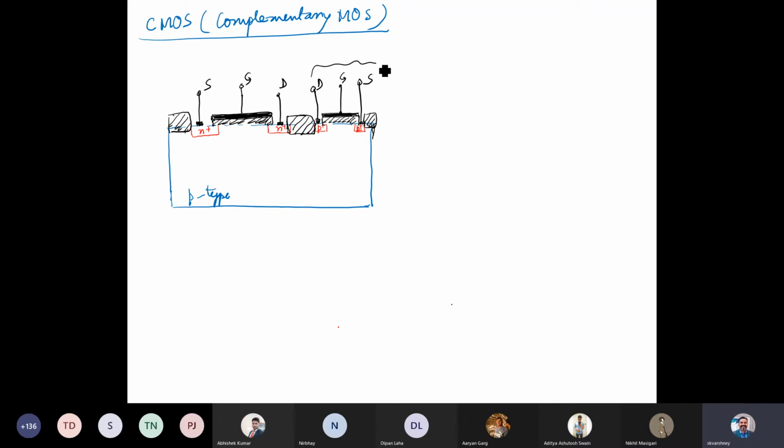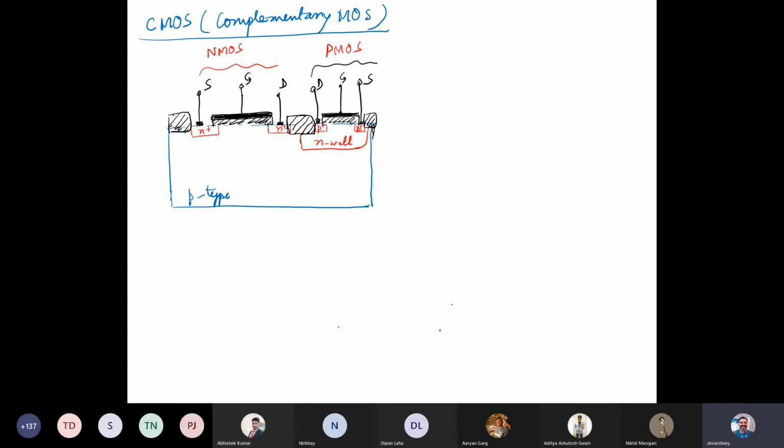Because to make a PMOS we have to have an N type, this one creates here an N well, and then you have P plus, so drain and source. In this case the channel is formed here, right? So this one is an NMOS, and this is a PMOS.